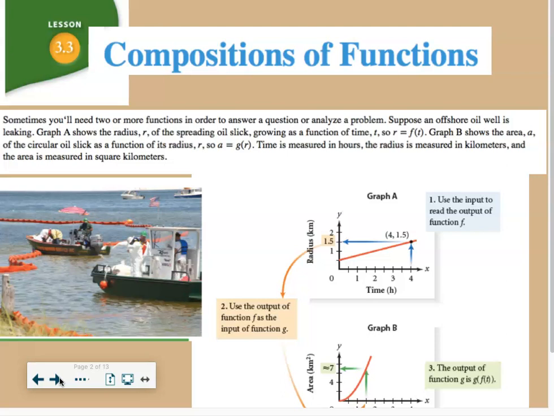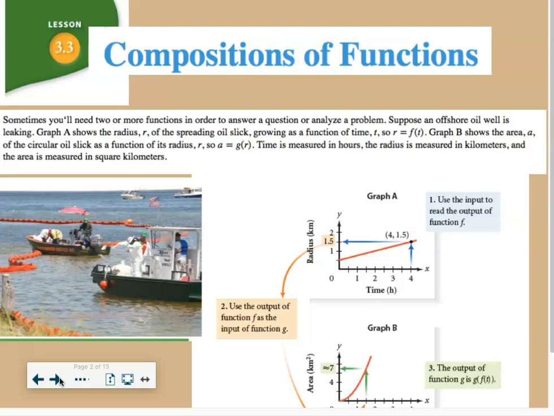Okay, so function composition is where we take one function and plug that function into another function. So it's almost like instead of finding f of 5, we're going to find f of g of x. Like we're taking a whole function and plugging it into another function.